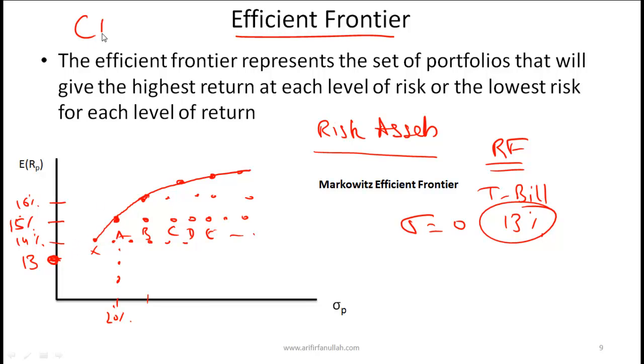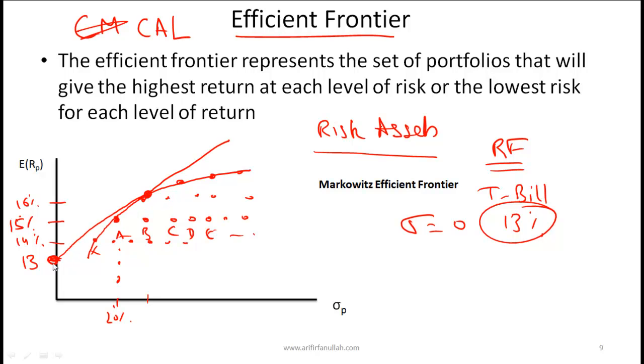So if we have this point over here, we can create what is called the CML, or actually we'll call it the CAL, or capital allocation line. I'll first tell you what it is and then give a more detailed explanation. We start from the risk-free rate and we figure out where a line tangentially touches the efficient frontier.